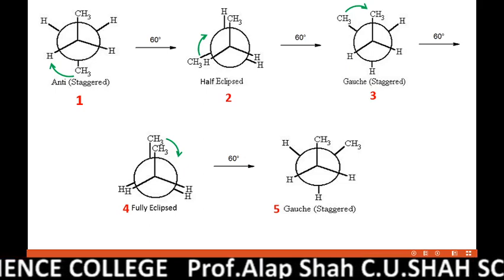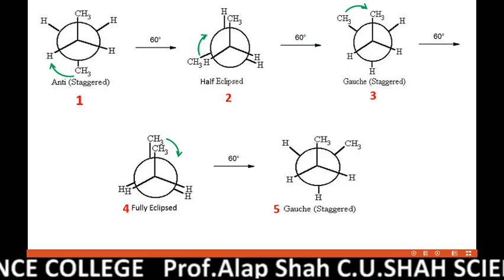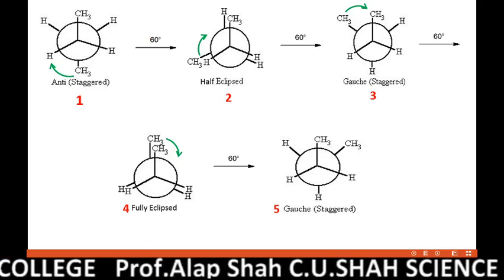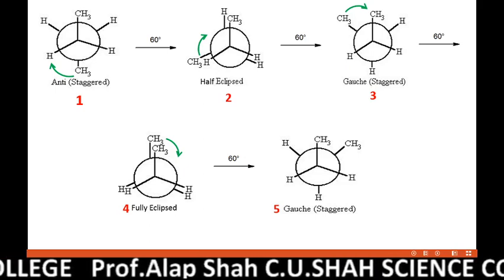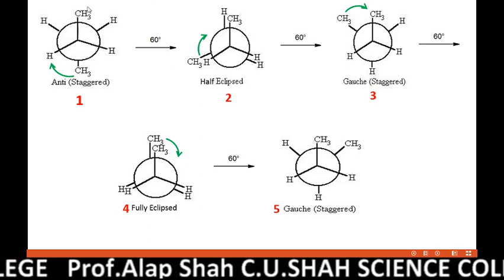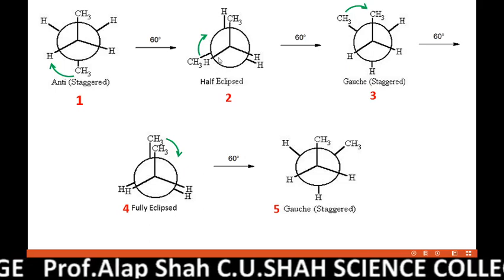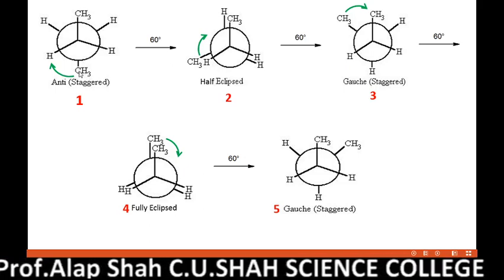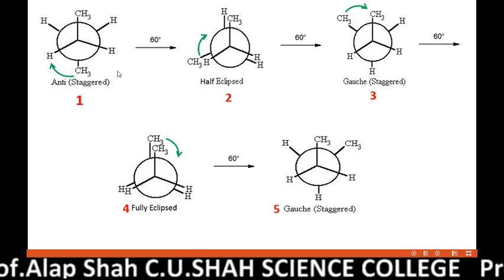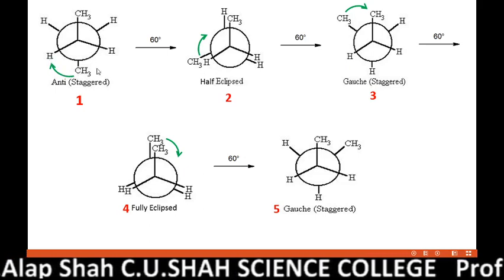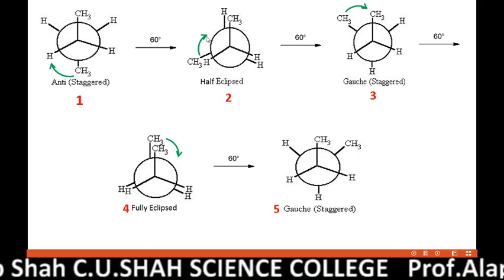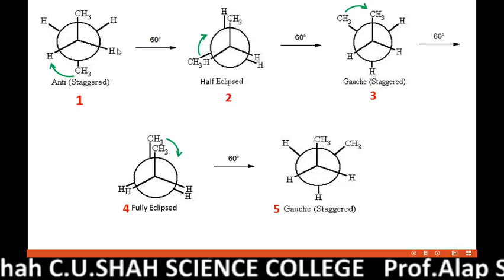It is called the anti-conformer. Now whenever we give a 60-degree rotation to the rear carbon, we keep the groups of the front carbon as they are: CH3, H and H. The 60-degree rotation brings this rear methyl behind this H, and this hydrogen behind the methyl, and this hydrogen behind this one.